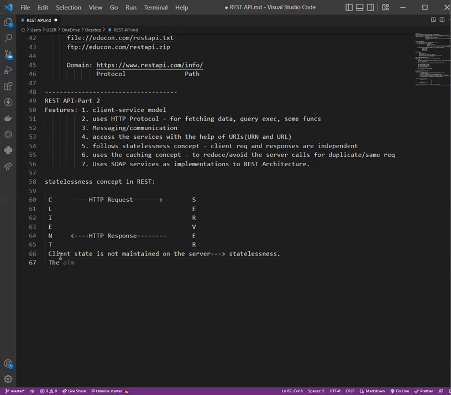The request which the client puts to the server, the server processes and gives the response for the request given by the client.